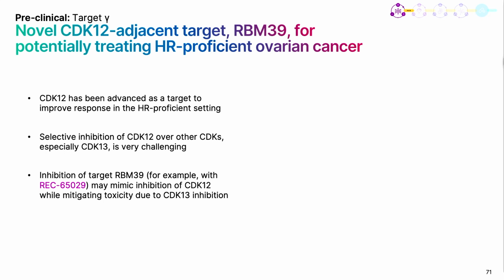And so our goal here was to be able to find a target which was adjacent to CDK12. We don't know exactly how RBM39 relates: is it upstream, downstream, on a side branch, or adjacent with that same final phenotype? But that's what we were looking for in this program.